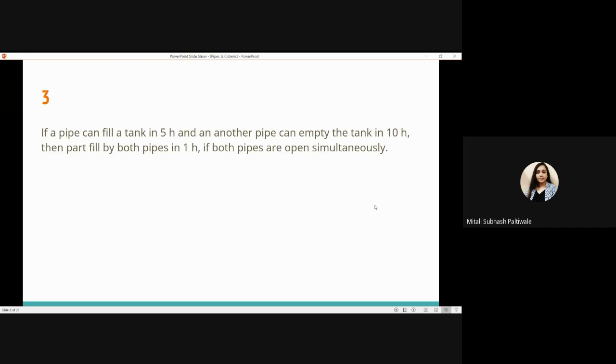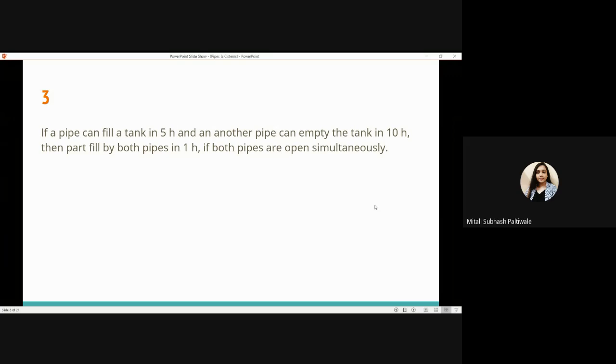If a pipe can fill a tank in 5 hours and another pipe can empty the tank in 10 hours, then what part is filled by both pipes in 1 hour if both pipes are opened simultaneously? Okay, so here both pipes are opened, one is going to fill the tank and another pipe will be emptying the tank.